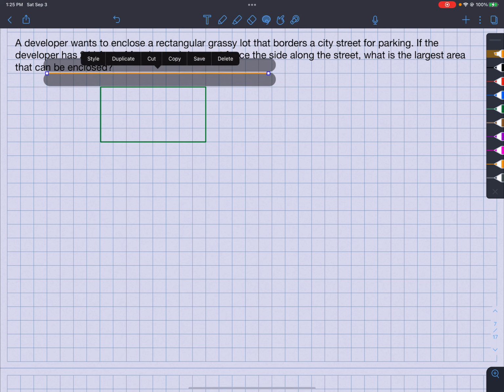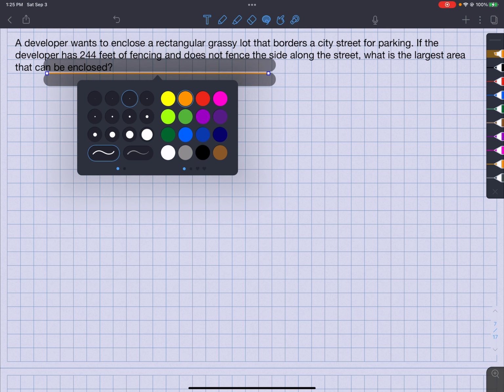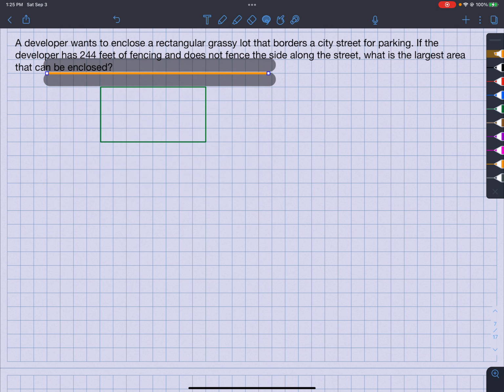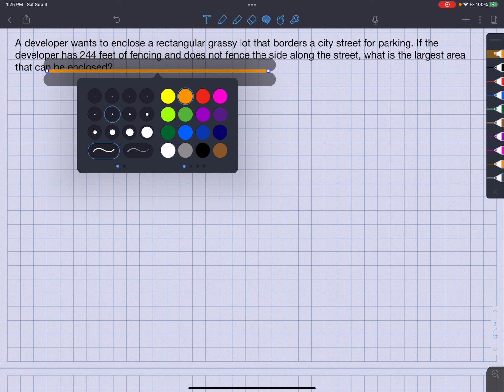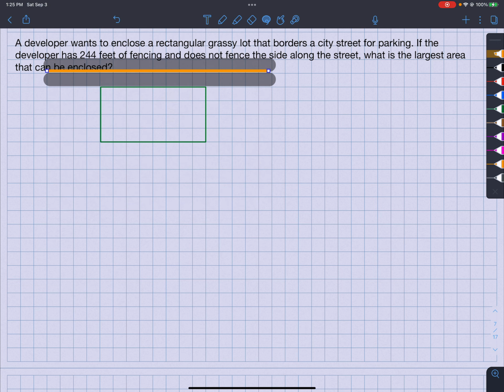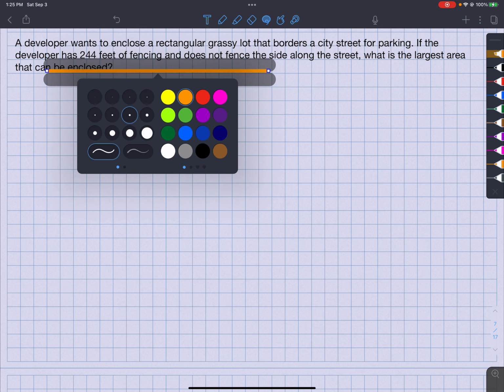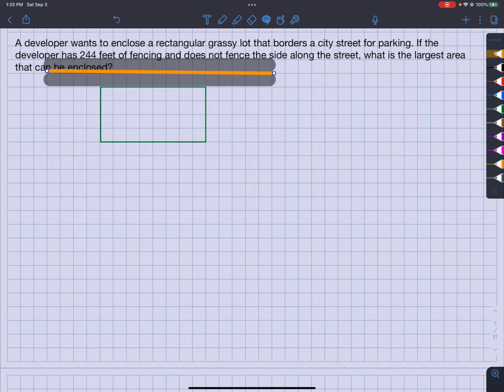I'm going to say this is one of those roads that you can't pass on. I'm going to make it thicker. There we go. So this road here, you can't pass, apparently.